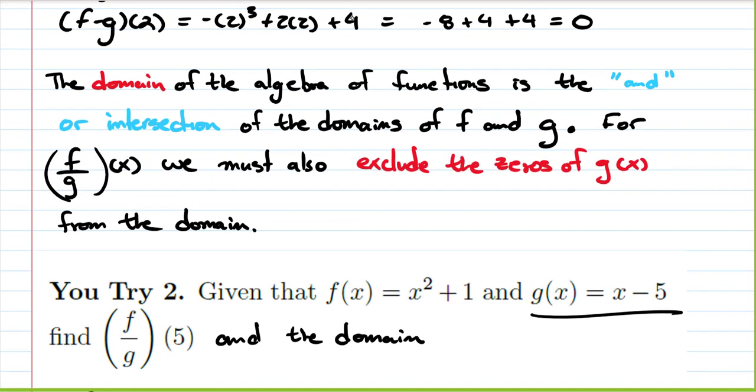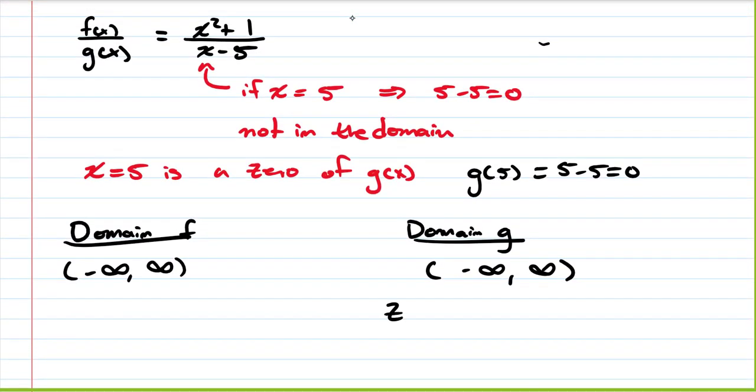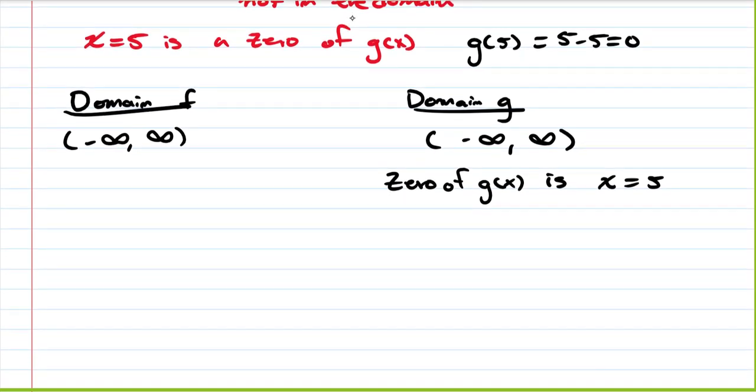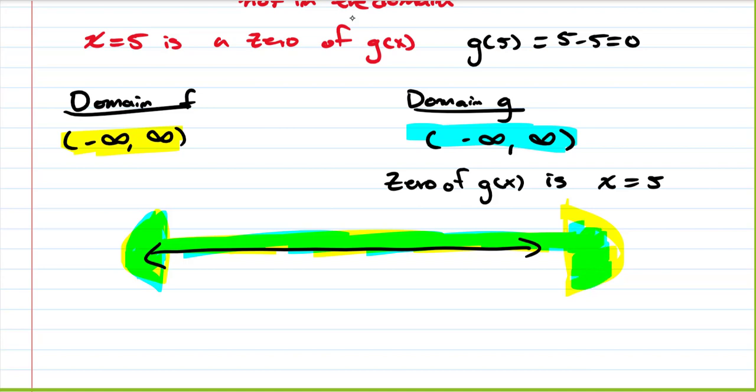But the last thing we need is to exclude the zeros of g. As we talked about before, the zero of g of x is, there's only one, x equals 5. So the domain is the "and." If we were to draw it on a number line, I make this one yellow, and I make this one blue. If I shade everything, yellow and blue make green, so that's my "and."